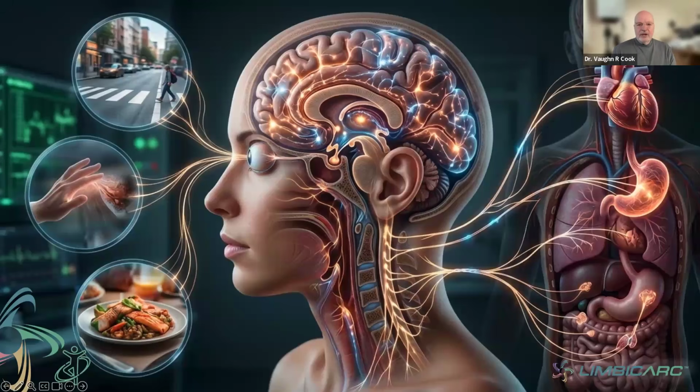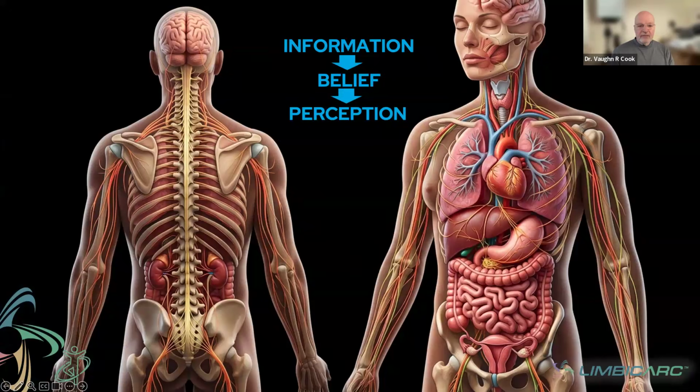So we're always predicting and making choices in the way our physical body moves and responds. And you can see from this picture, crossing a road, reaching out and touching something, what kind of food you are going to eat? All of those things are just examples of input upon which we predict future behavior.